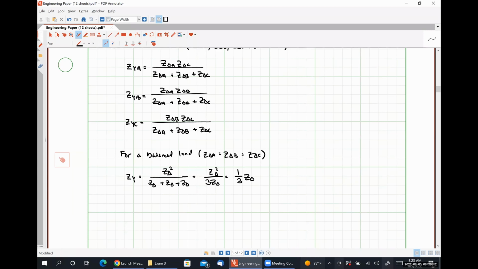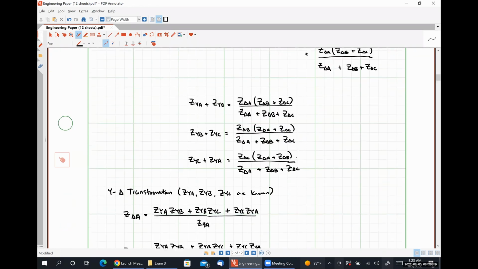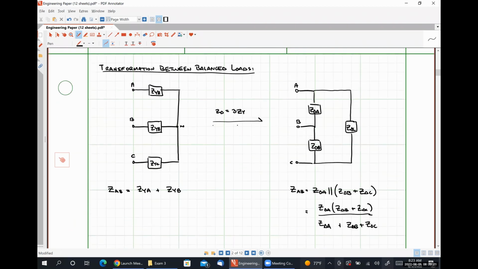So to go from delta to Y, we simply divide by 3 for a balanced load. So ZY is equal to 1/3 Z delta.